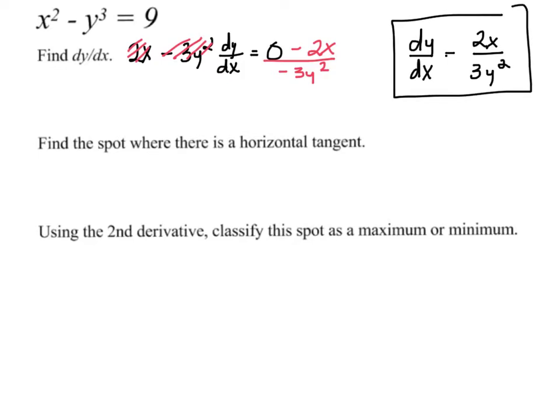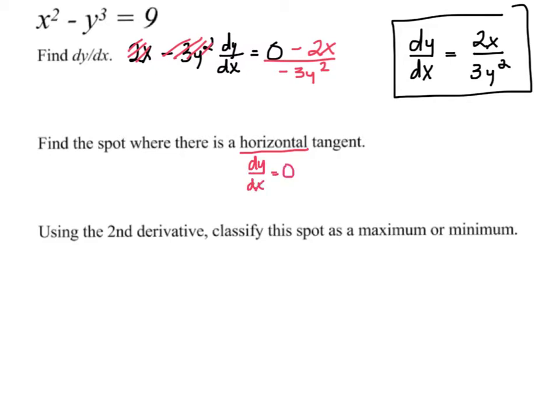Now, to find the spot where there is a horizontal tangent. Well, let me just remind you here, to make a horizontal tangent, we need the derivative to be 0. Okay, I'm just going to write horizontal tangent dy dx is equal to 0.